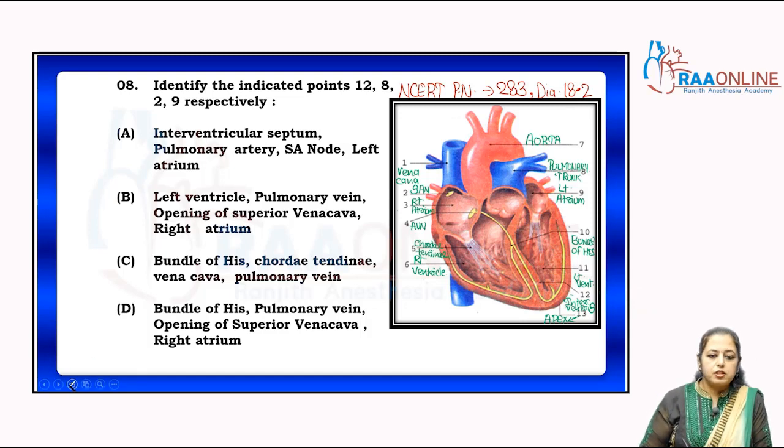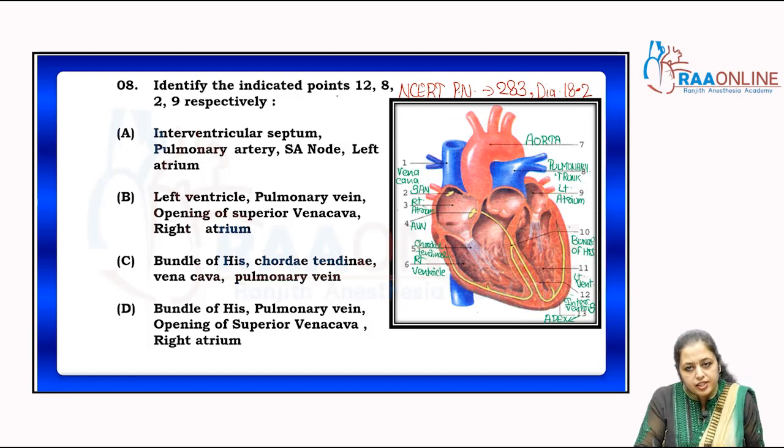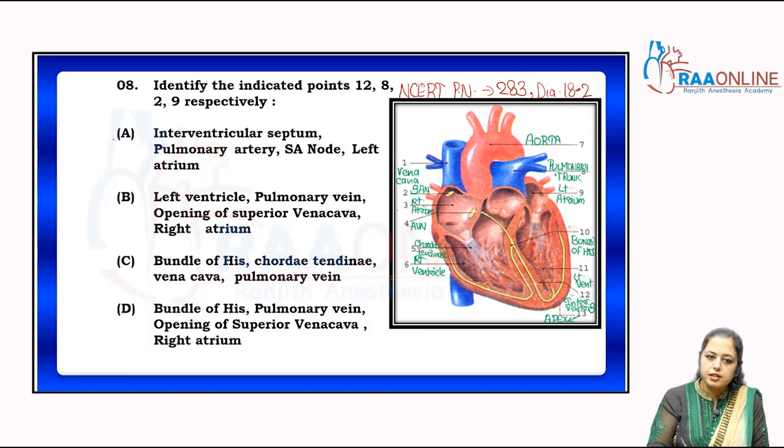So come to the question. Identify the indicated points, that is 12, 8, 2, 9. 12 is the interventricular septum. Where is the interventricular septum? It is present in option 1 respectively, actually, right? So 2 cancel, 3 cancel, C cancel, the 4th is also cancel. Very good, right?